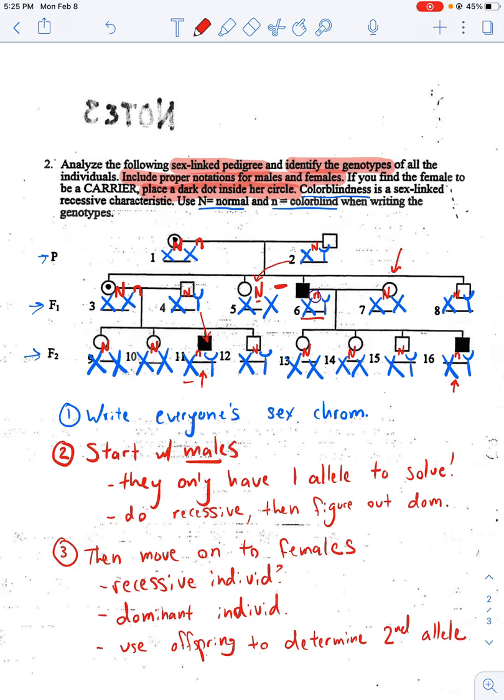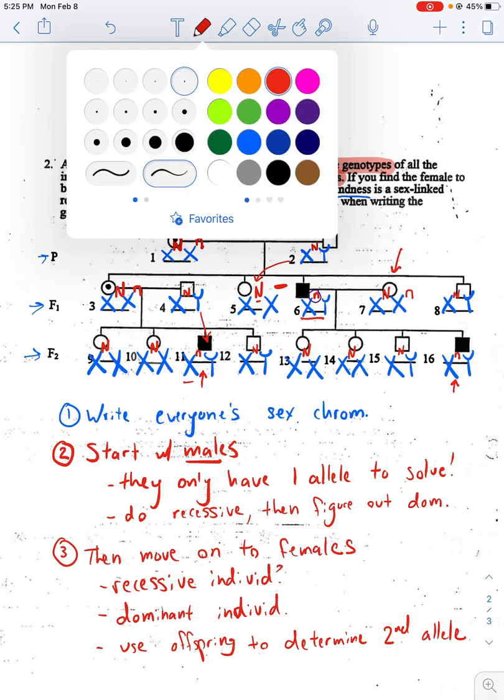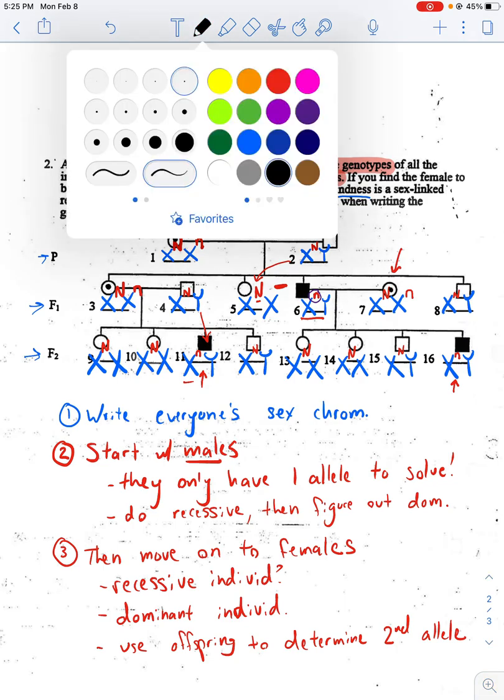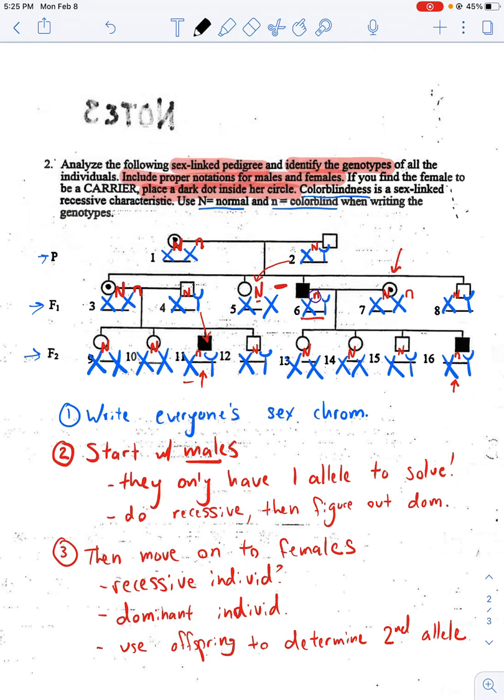But remember, fathers pass their Y chromosome to their sons. So that means that this colorblind allele came from mom, number 7. That means that she is a carrier. And again, we're going to put a dot inside her circle. And just to show you that this Y came from dad, this X came from mom.